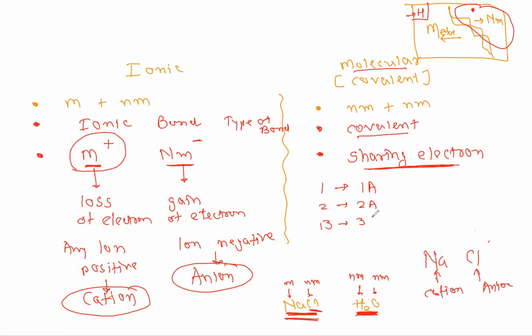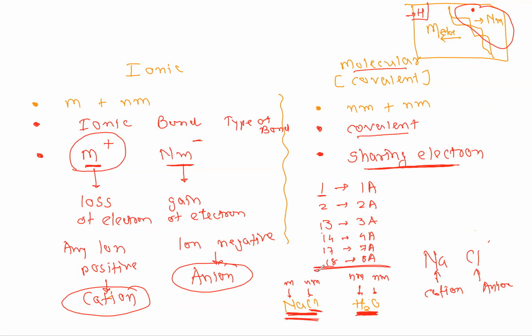So that is one way to label those groups. There is another way to label the groups, and you can just write it down manually. Group number 1 is called 1A, 2 is called 2A, then 13 is called 3A, and you can go on. 14 is called 4A. 17 is going to be called 7A, and 18 is going to be called 8A.